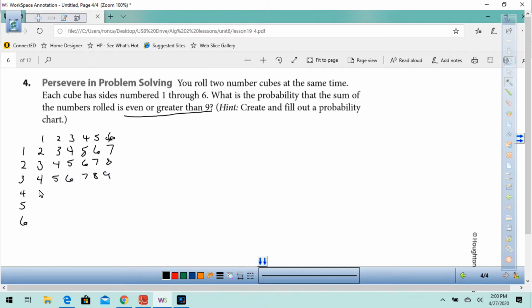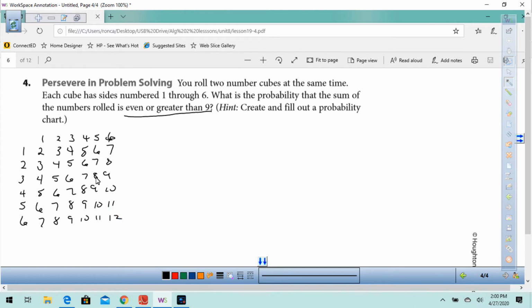And then you have 5, 6, 7, 8, 9, and 10. And 6, 7, 8, 9, 10, 11, and 12.